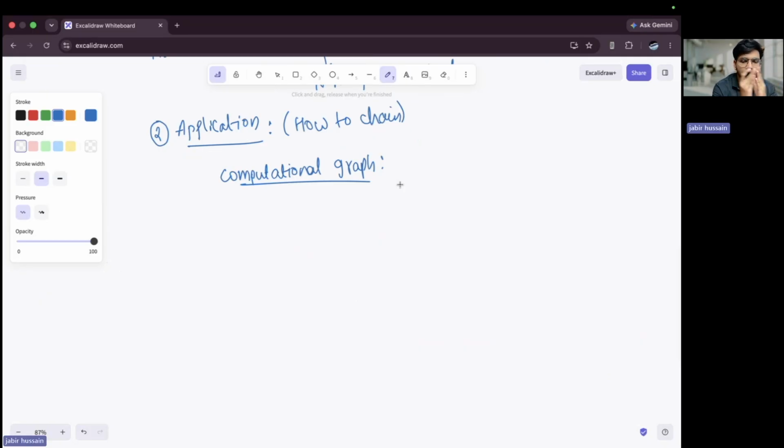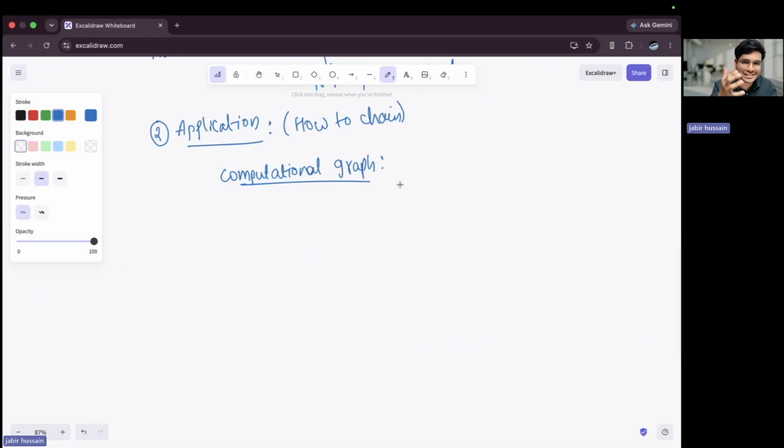Listen, in a given neuron we are doing different things. We are taking input, then calculating our z, which is the output given by the neuron, then calculating sigmoid, then from sigmoid calculating loss. So for one single neuron, we have different operations.